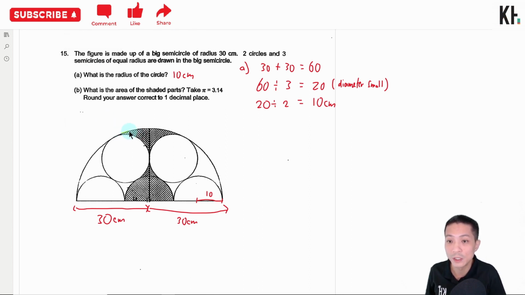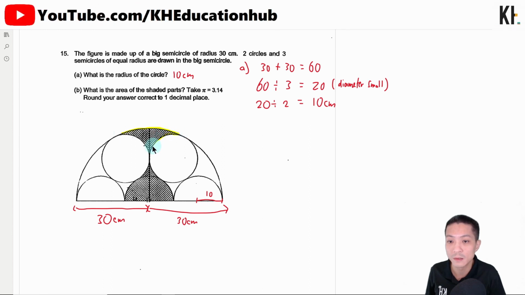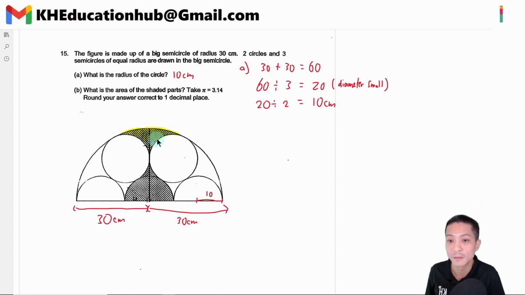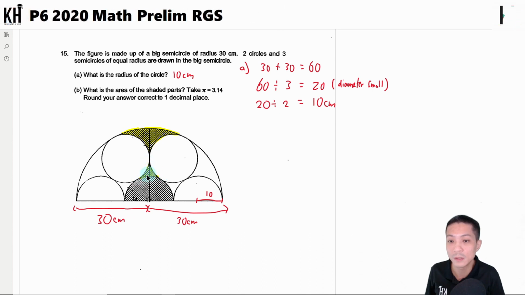I'm going to shade this part here first as yellow, and this part also, but not including the semicircle.